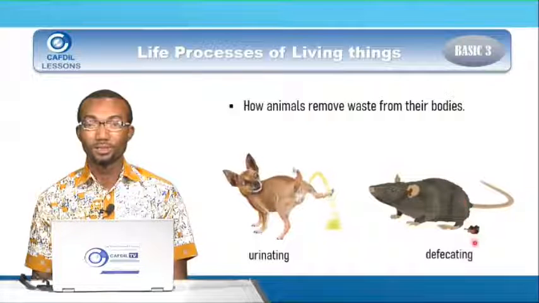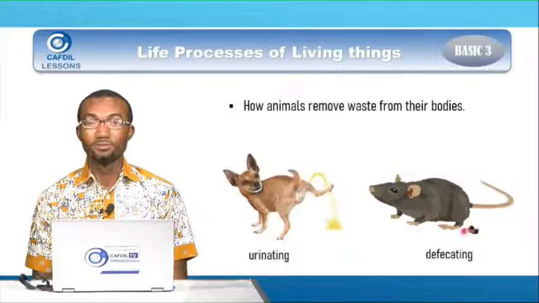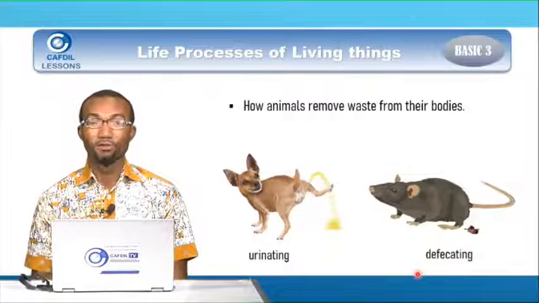That is going to the toilet, bringing out some feces. It's a way of removing waste from the body of the mouse. So animals also urinate and defecate, or go to the toilet, to remove waste from their bodies.